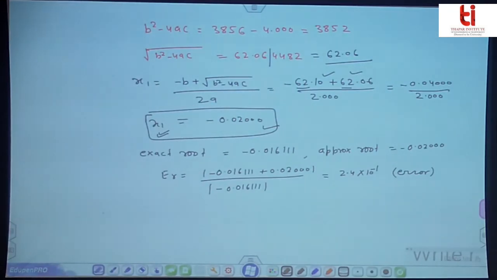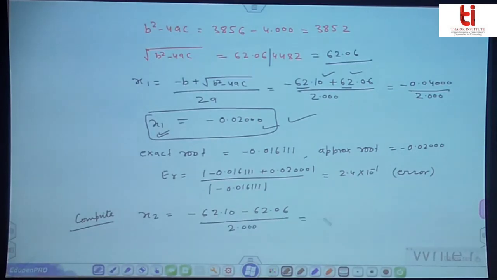On the other hand, we can compute the root another way also. This is one root, and another root is x2. Compute x2: x2 is minus b, that is minus 62.10, minus 62.06, upon 2.000.